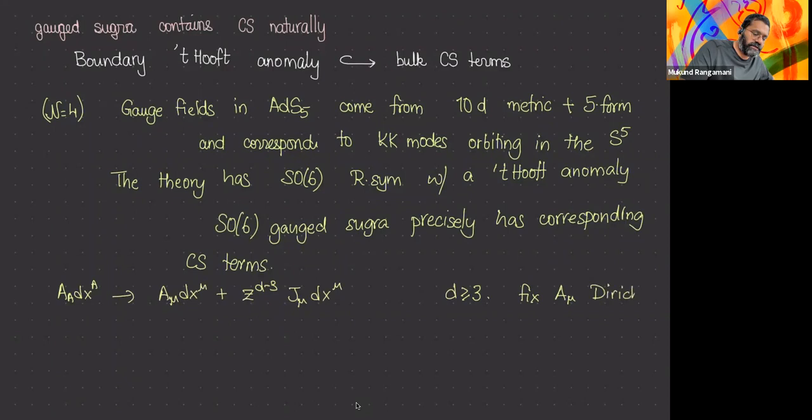So Dirichlet boundary conditions. Let me make this more clean. Let me say in D strictly bigger than 3, the only thing you're allowed to do is fix mu. In D equals 3, you can either fix mu or jmu. You're allowed to do both.